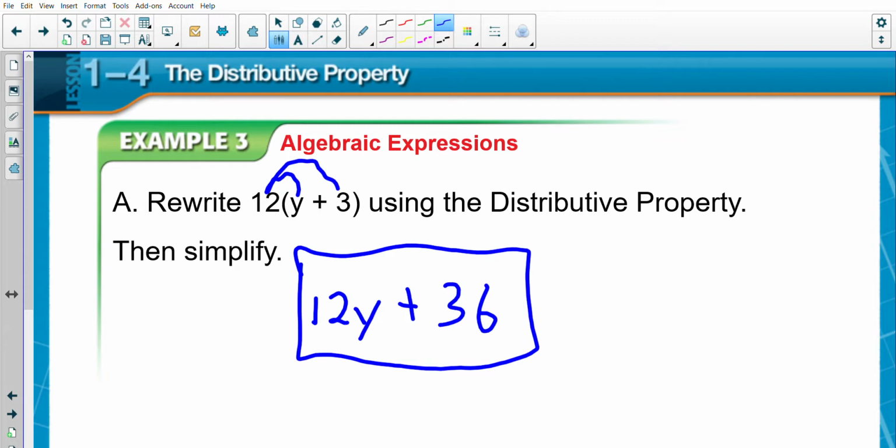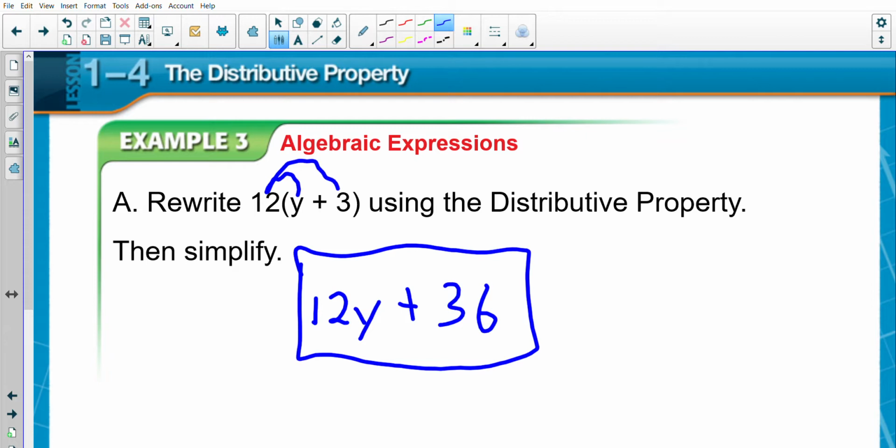All right. So now let me make a note because this happens all the time, and don't worry because this recording is going to go on Canvas so you guys can view it too. When you distribute, you must, I repeat, must distribute to everything in the parentheses.